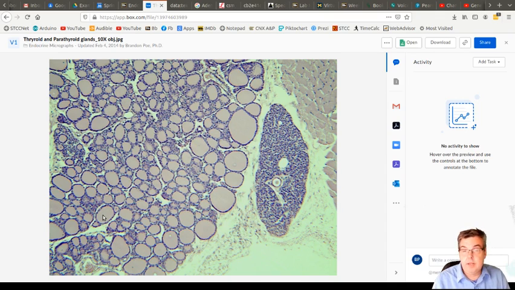So there are 3 thyroid hormones. 2 of them are just referred to as T3 and T4. T3 is triiodothyronine. I might have that name a little wrong, but the important part is the prefix is tri, as in 3, and then iodo is referring to iodine. So T3, just easier to refer to it by its abbreviation, has 3 iodine atoms in it.